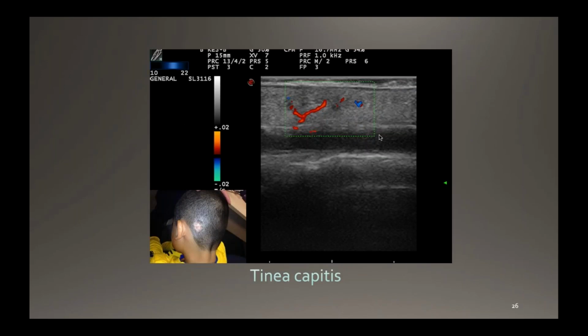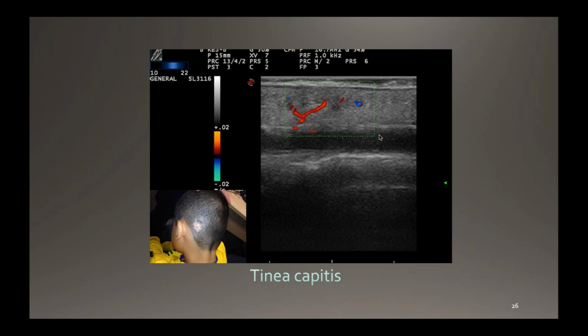You can also assess the inflammation of follicular elements, as Jimena and Orlando have already told you, with dermatologic ultrasound and high-frequency probe, in this case 22 megahertz. We can assess the inflammation of the follicles. In this case, it's a case again of tinea capitis, but also in the cases of alopecia, we can assess the state of the follicle.